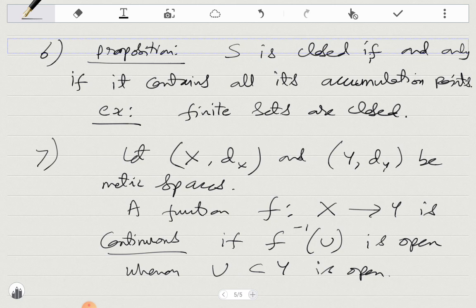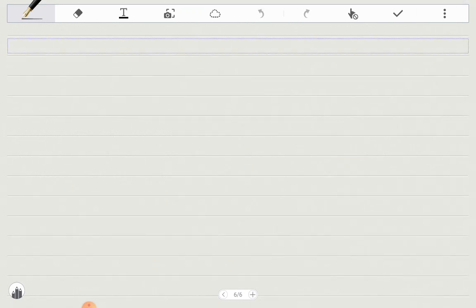Now here we are talking about continuity on the whole set X, not continuity at a point.